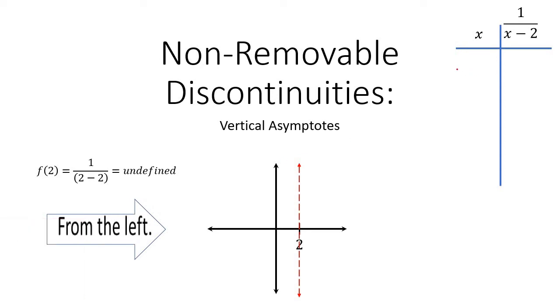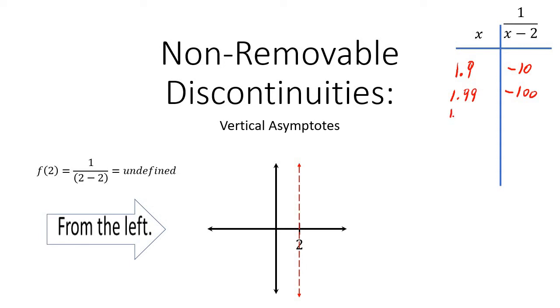So I'm going to plug in a number like 1.9. When you plug in 1.9, 1.9 minus 2 is negative 0.1, and 1 over negative 0.1 is negative 10. Then if you plug in a number like 1.99, that number is even closer to 2 than 1.9 was. 1.99 minus 2 is negative 0.01, and 1 over negative 0.01 is negative 100.